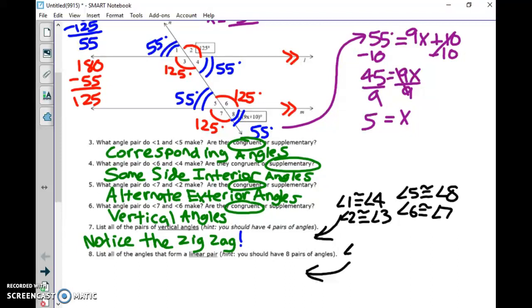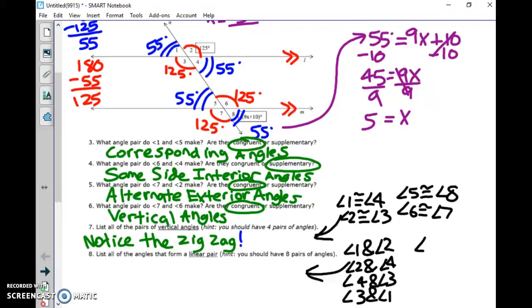So, angle 1 and angle 2, angle 2 and angle 4, angle 4 and angle 3, angle 3 and angle 1.